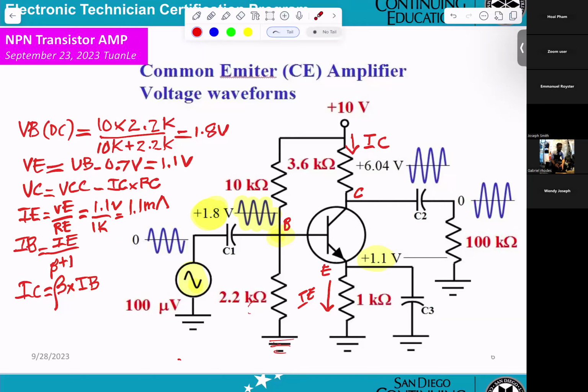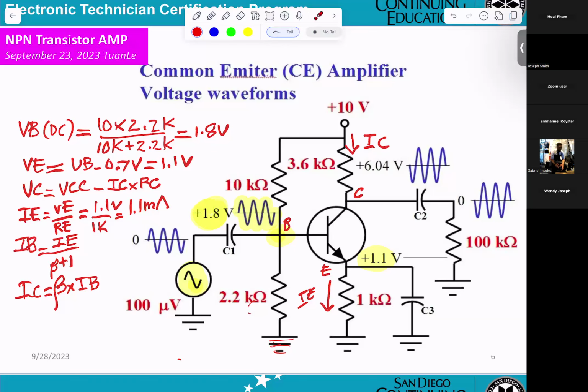Go ahead, Mr. Pham. What did you say? You're using the oscilloscope to measure the signal at the base. You want to measure 100 microvolt. You know at the base you get two signals, 1.8 volt DC and also 100 microvolt AC.